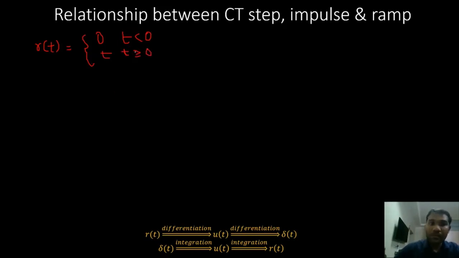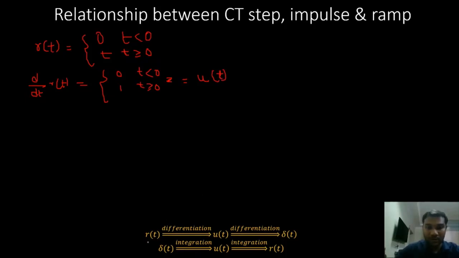Now, if you differentiate this with respect to t, d by dt of r of t, what will we get? We will get 0 for t less than 0, and differentiation of t with respect to t is 1 for t greater than or equal to 0. Now what is this function? This is the same as the unit step function u of t.